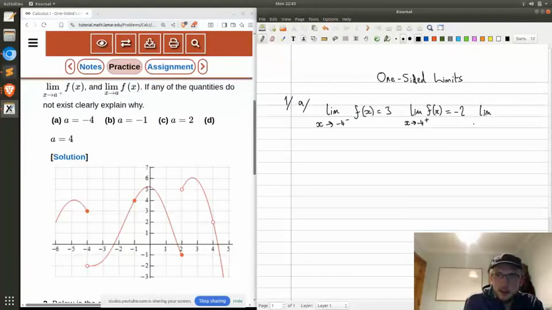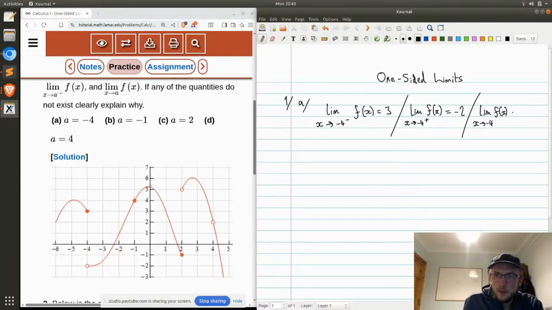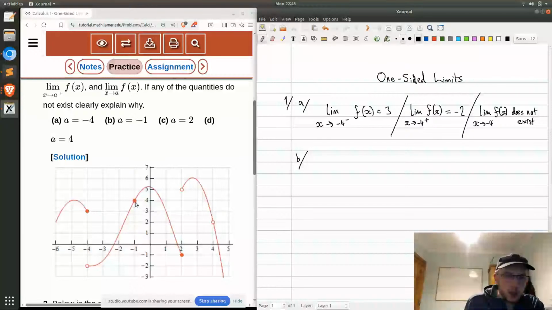And the limit as x approaches -4 in general does not exist. Same question, but for -1.